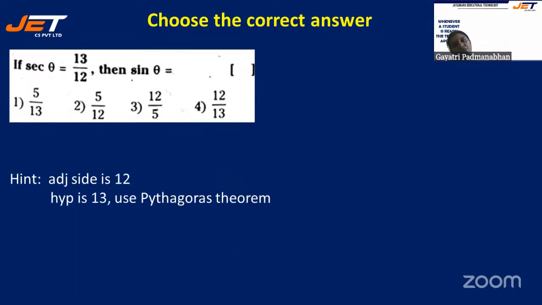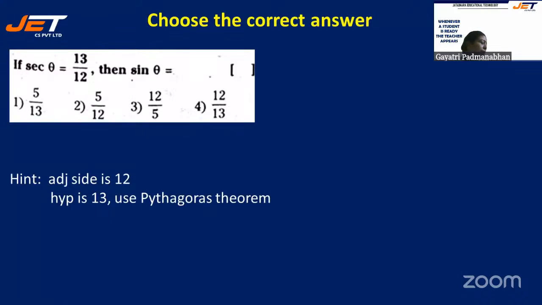Yes. All right. So explanation is given. Next, if secant theta is equal to 13 by 12, then sine theta is dash. How do you do this? It's a very simple one. You have to just take the Pythagoras theorem, and in that you should mark what is secant theta.